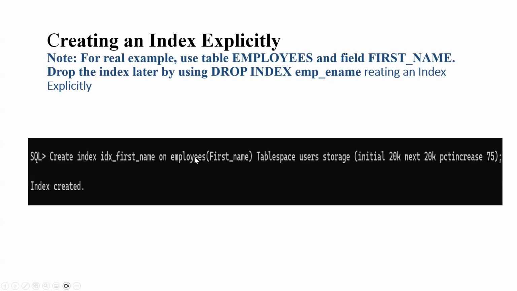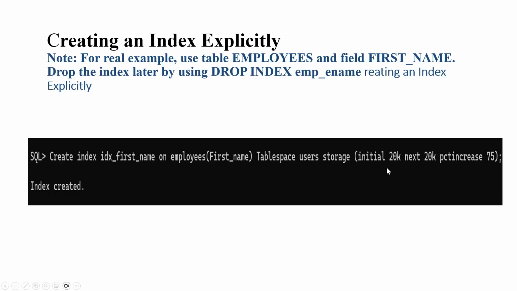On the employees table. So now I need to specify the table space, the storage that it will use to store my index. So I need to say table space user storage. I'm going to use the table space from the storage table, the storage capacity.